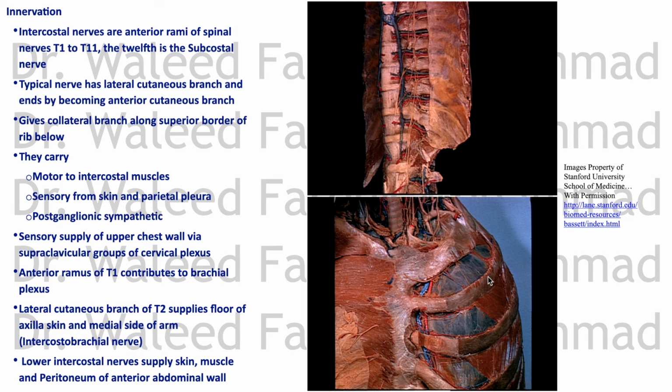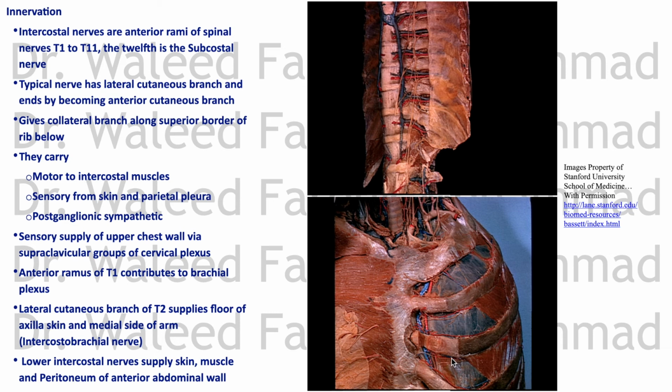And also remember that the nerves, after they emerge from the intercostal spaces, go down to the abdominal wall to supply the muscles there. So we will talk a lot about the nerve supply of the muscles of the anterior abdominal wall coming from the lower 6 intercostal and subcostal nerves.